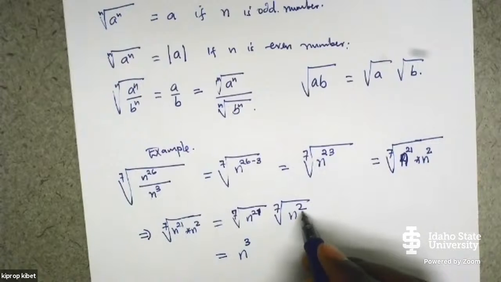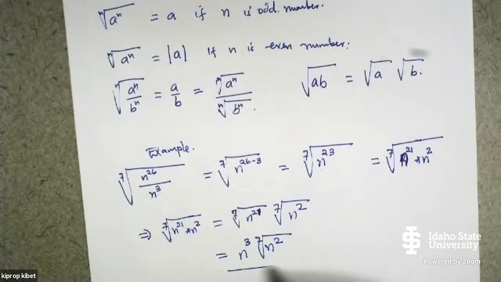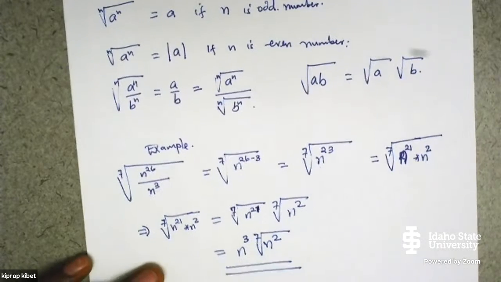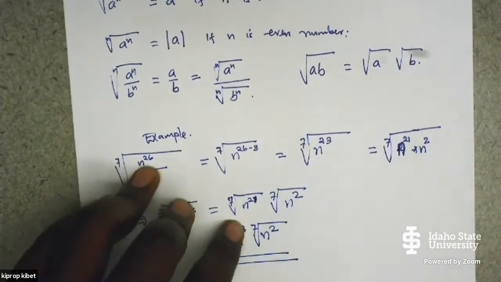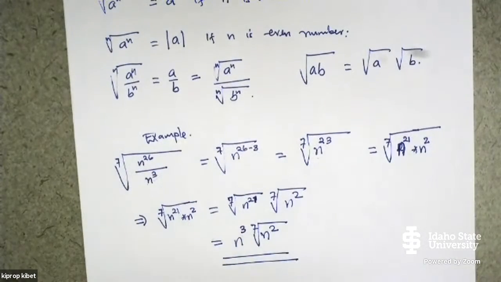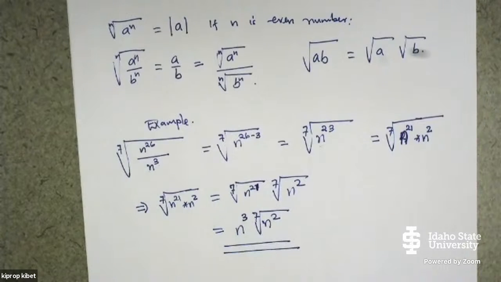And since this cannot be divided by this, then it is the same as that. And we have completely simplified that. Now, since the root there is odd, then we don't put the absolute value.